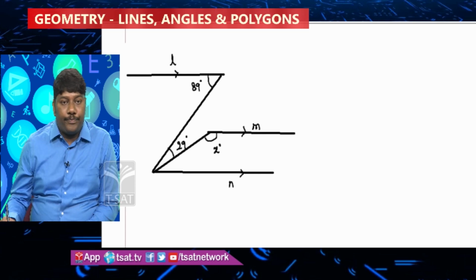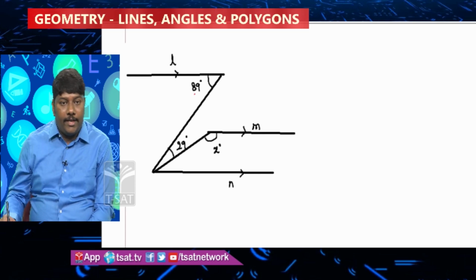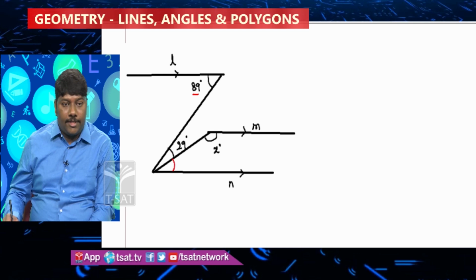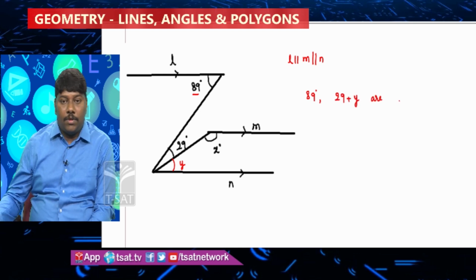Now see here, 89 degrees, let this angle be Y. L, M, N are parallel. L is parallel to M, M is parallel to N. If you look at 89 degrees, comma, 29 plus Y are alternate interior.